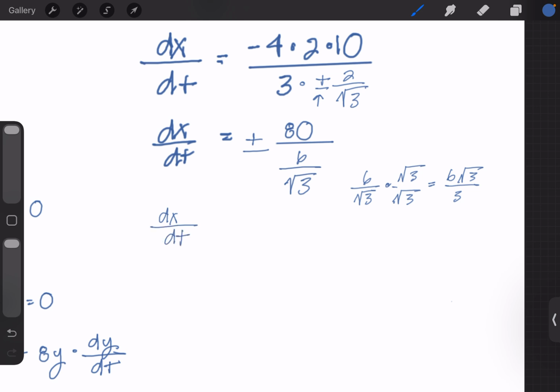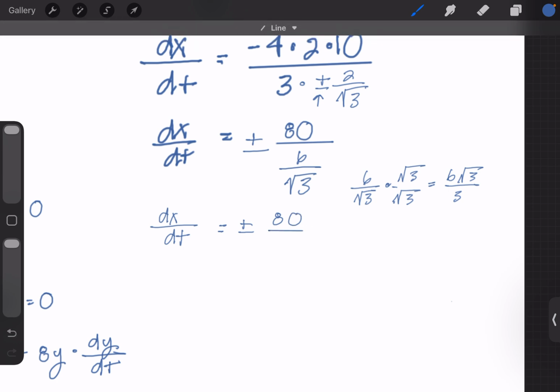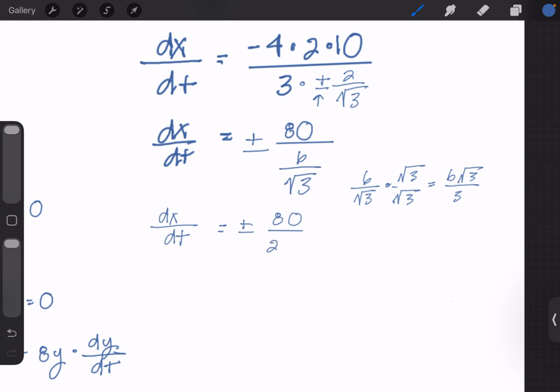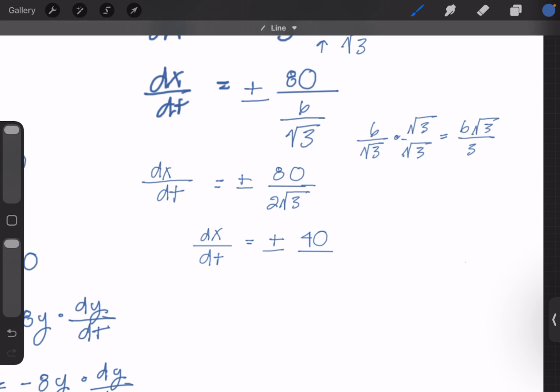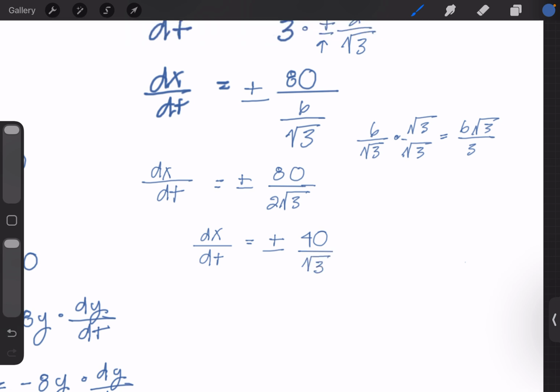So the derivative of x with respect to t is equal to plus or minus 80 over 6 divided by 3, which is 2, and then we just have a square root of 3, and this can be simplified even further. So the derivative of x with respect to t is going to be equal to plus or minus 40 over square root of 3.